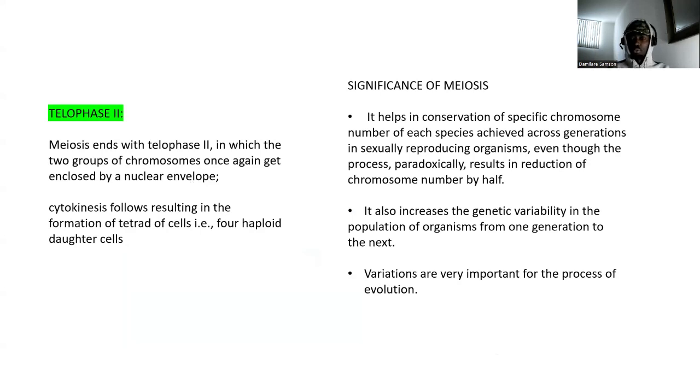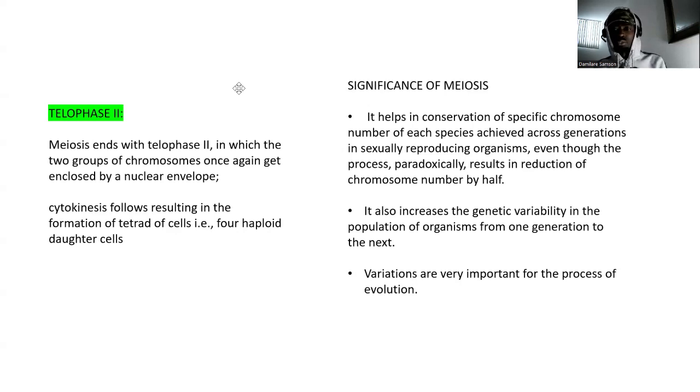The nuclear envelope. So the cycle comes back again. Cytokinesis follows, resulting in the formation of a tetrad of cells, 4 haploid daughter cells. So that explains everything under meiosis.